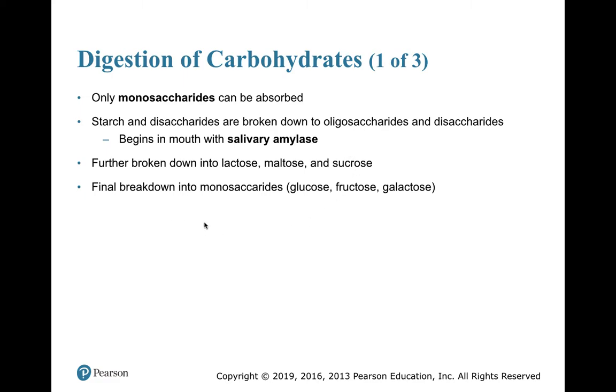Those oligosaccharides can be broken down into disaccharides such as lactose, maltose, and sucrose. And then the final breakdown would be the disaccharides into monosaccharides, and that would include common ones: glucose, fructose, and galactose. Those are 6-carbon sugars.